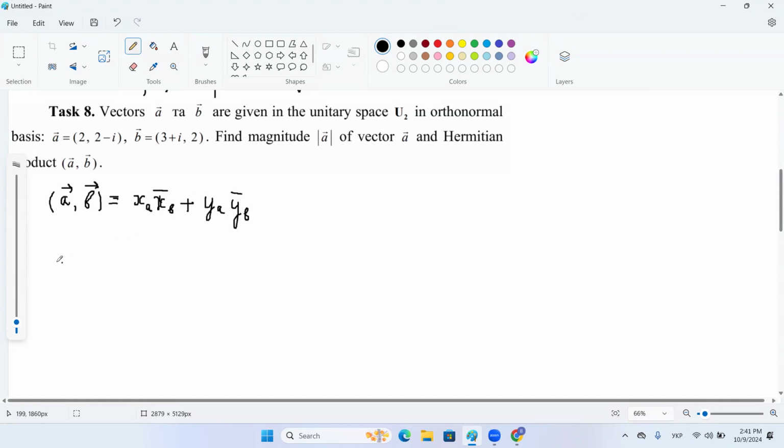And the magnitude is quite similar to the linear space.